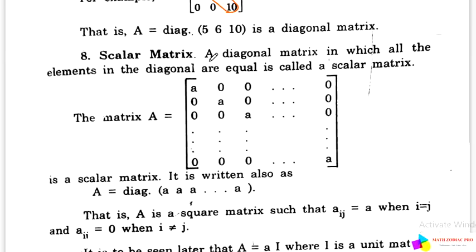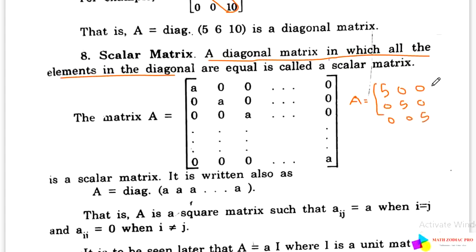Next, scalar matrix. A scalar matrix is one in which all the elements in the diagonal are equal. I have given an example: A equal to the matrix 5 0 0, 0 5 0, and 0 0 5.